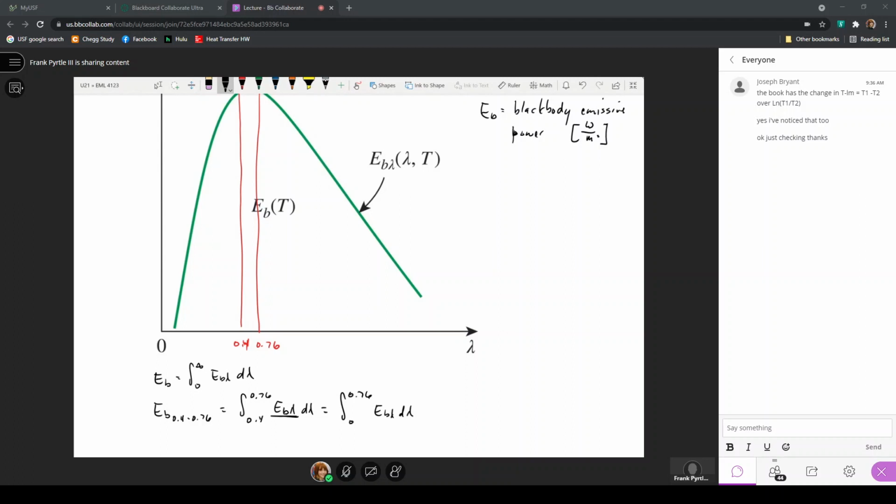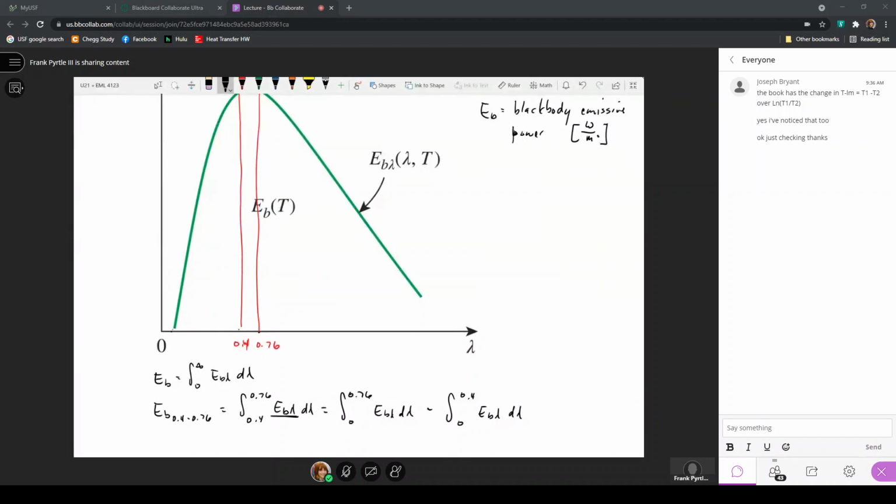So that would be all this area minus the integral from 0 to 0.4 of EB lambda d lambda. I could write that the same way, right? If this first expression is just giving me what's between these two, if I take the integral from 0 to 0.76 and subtract from it the integral from 0 to 0.4, I'm just left with what's here.